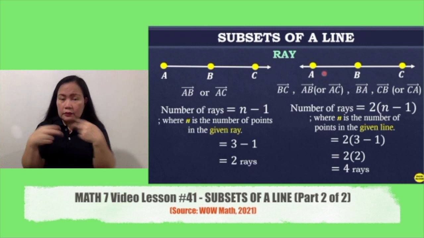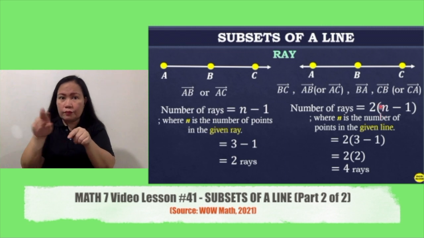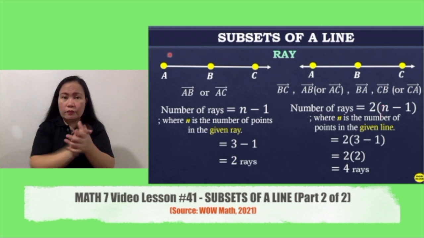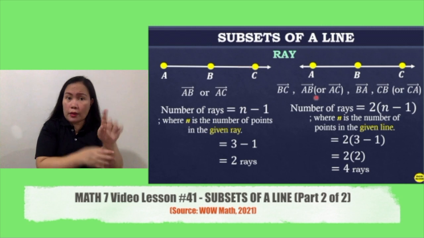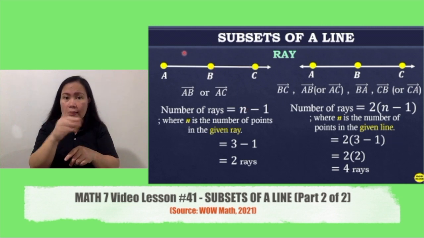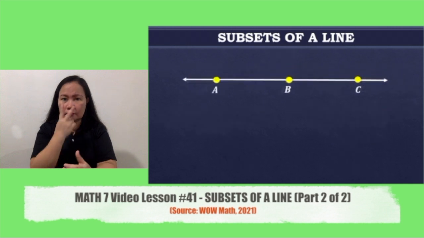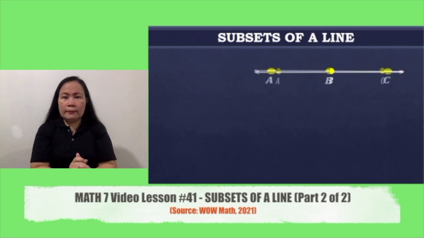So mali yun. Okay? So yung iba naman ito ang ginamit para makuha yung bilang ng rays dito pero hindi naman to line. Okay? So, ito po ay para lang po kapag ang figure mo ay ray. Ito naman ay para po malaman kung ilang ang rays sa line. Okay? So, tatandaan po yan. Magkaiba po.